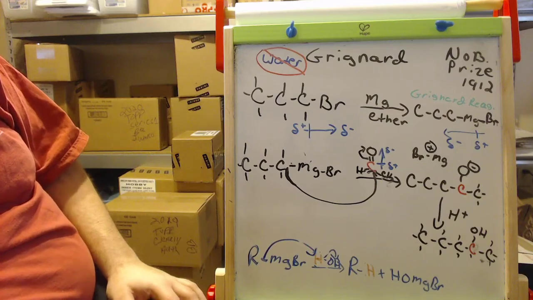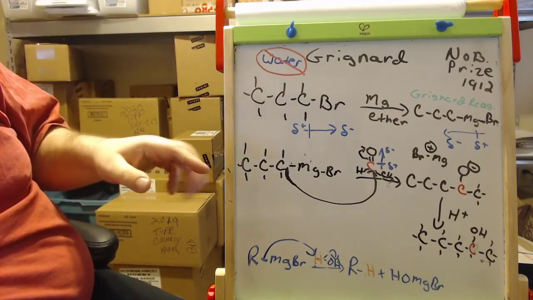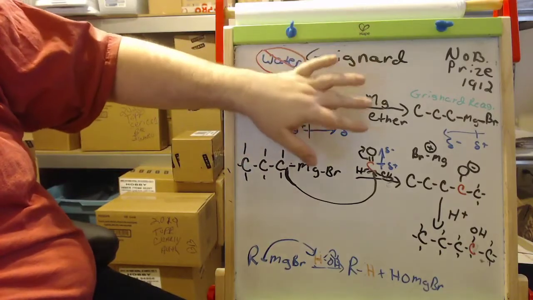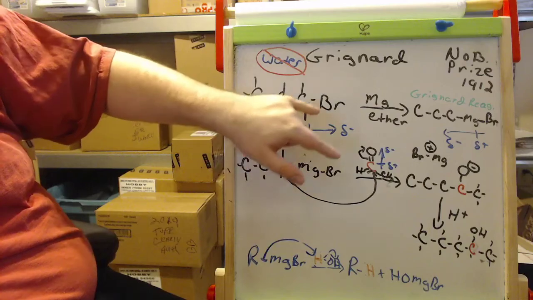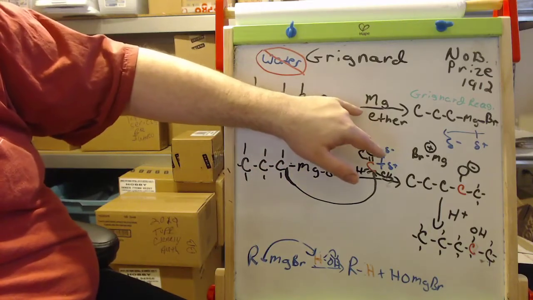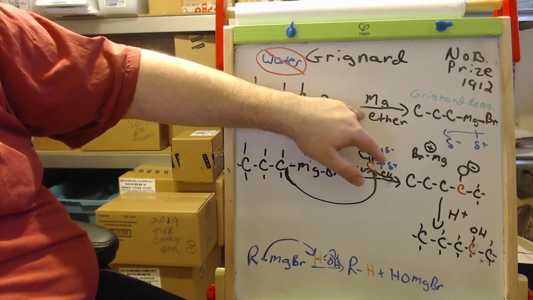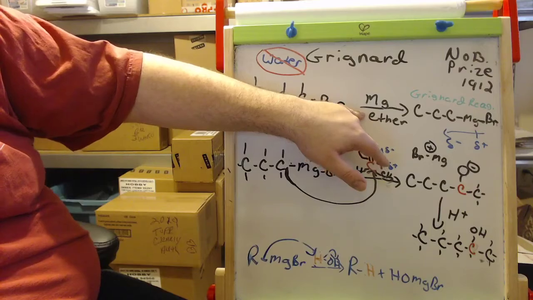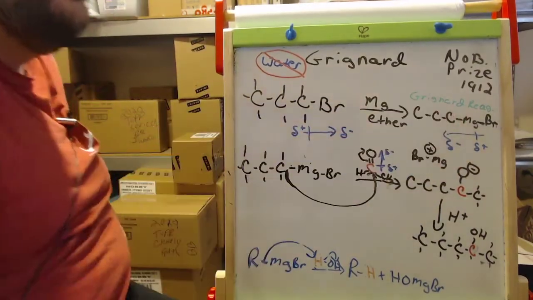But what Grignard figured out is that if I treat an alkyl halide with magnesium in the presence of an anhydrous solvent, diethyl ether is usually the one that's used, now I get this weird-looking complex.